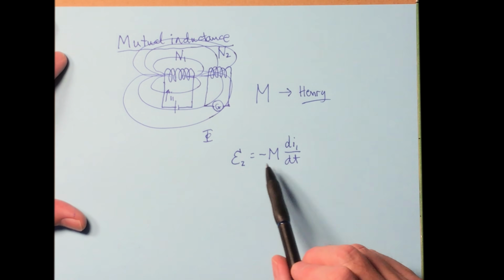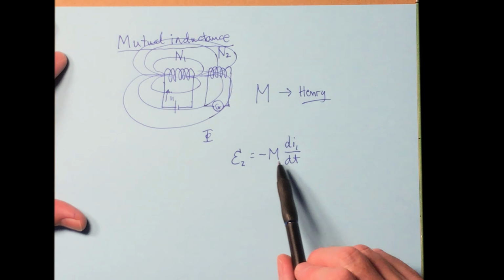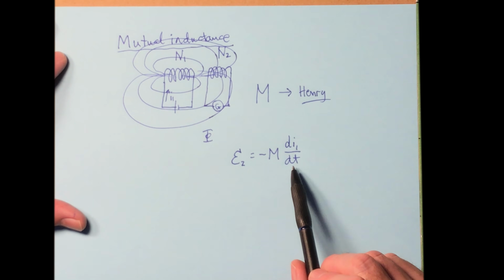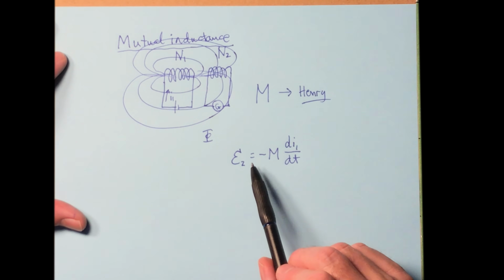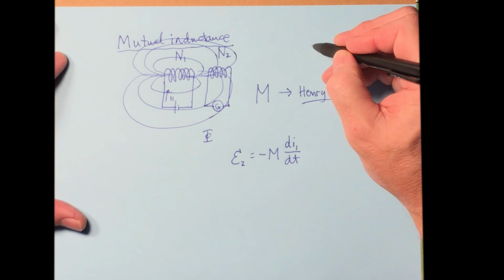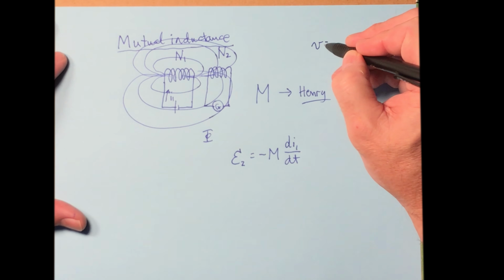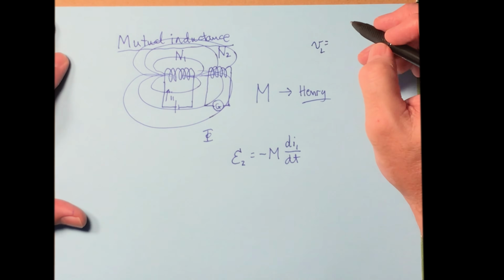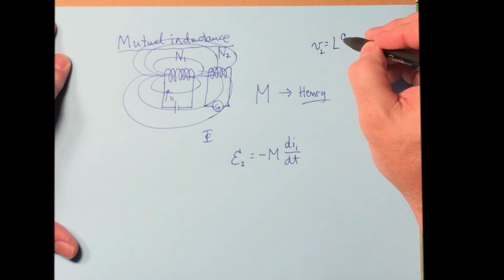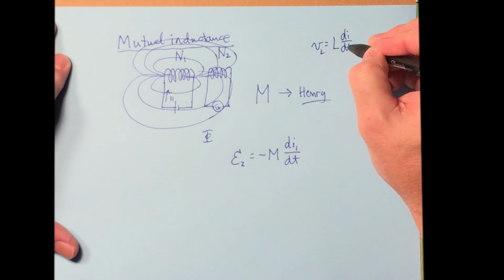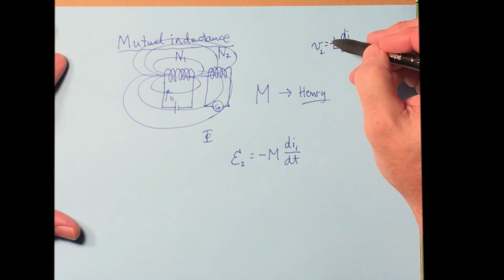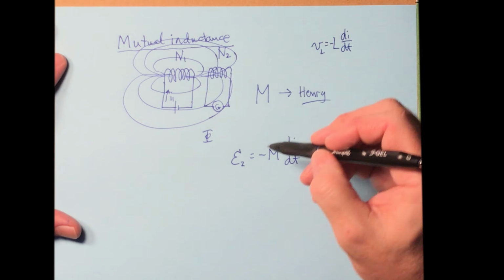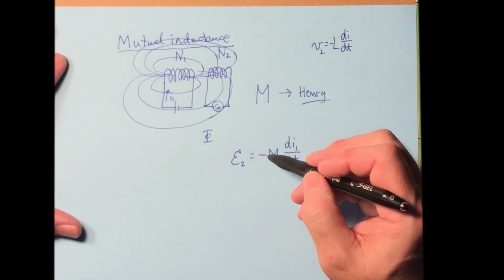If you look at this, this is just another way to write the relationship between voltage and current for an inductor. Remember, we previously said, well, voltage for an inductor, let's call that V sub L, is equal to L di/dt. Okay, well, the negative sign we can put there to indicate direction, just like this indicates a direction as well.